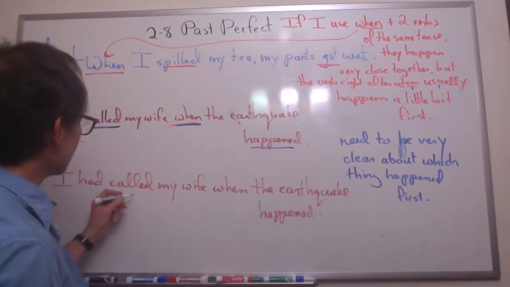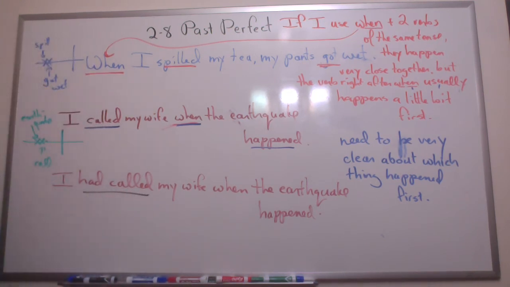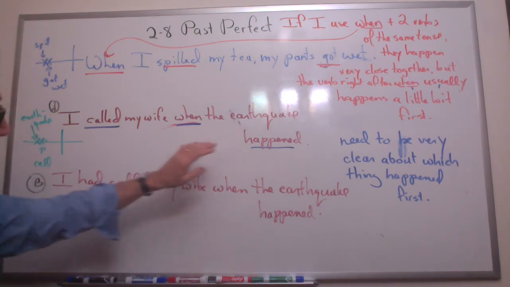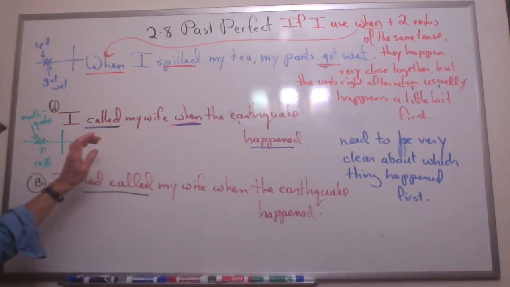I had called my wife when the earthquake happened. Now, let's think. Does this sentence mean the same thing as this sentence? Let's call this sentence A, and this is sentence B. In sentence A, the earthquake happened first, and then very soon after, I called my wife.